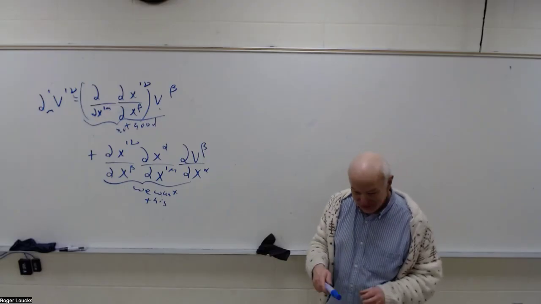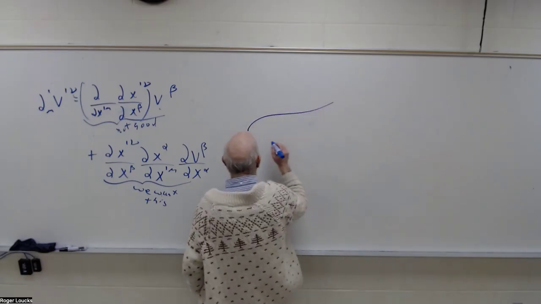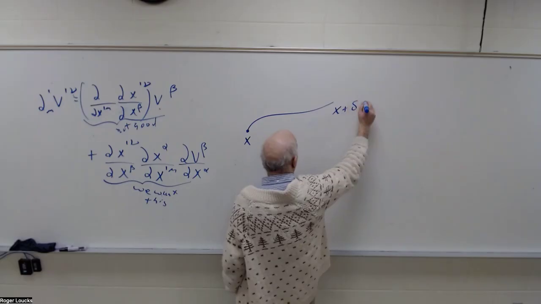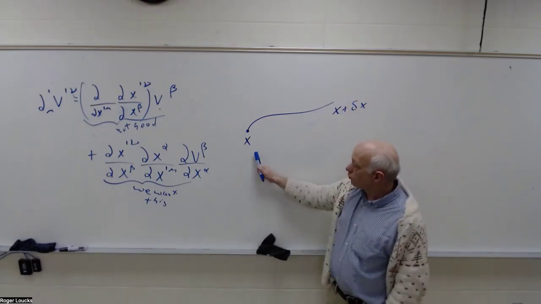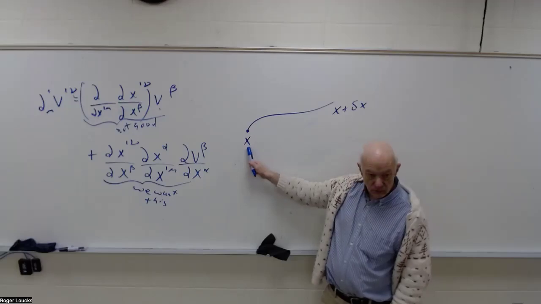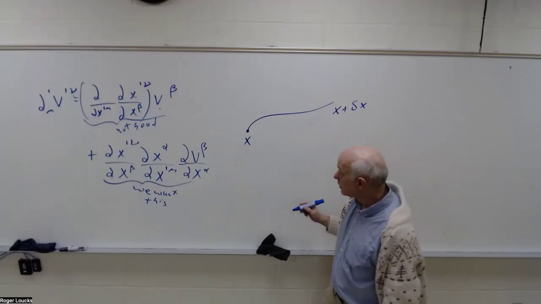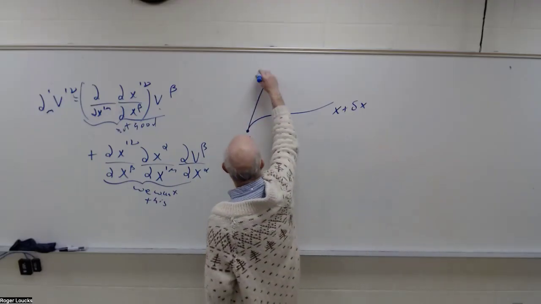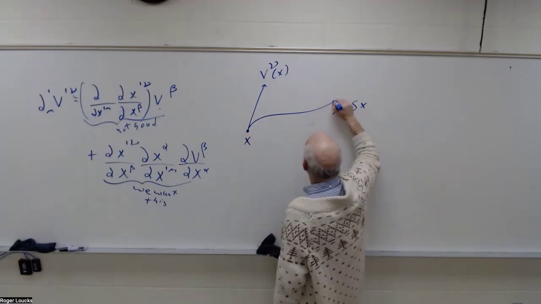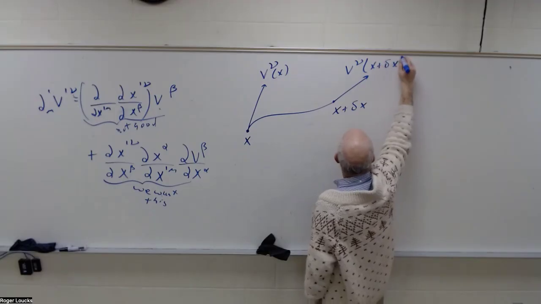Close, very close. So remember what we have here. We had a point here. Call this x. Call this x plus delta x. Again, this right here is collected for all the indices, x0, x1, x2, x3. We had a vector here like this. Well, this we knew is x. And then we move that vector over to here, it becomes this.